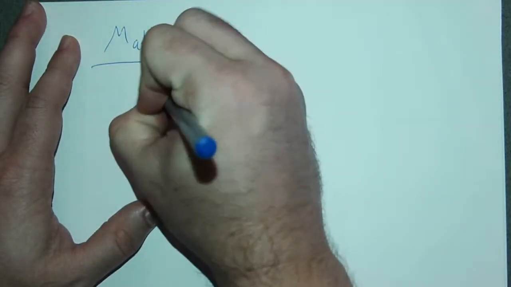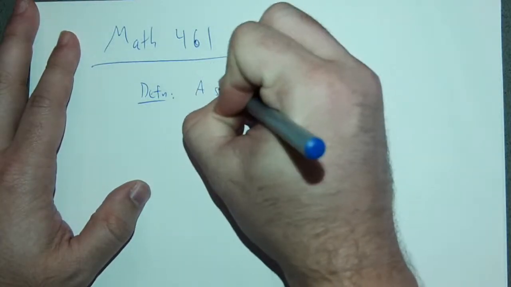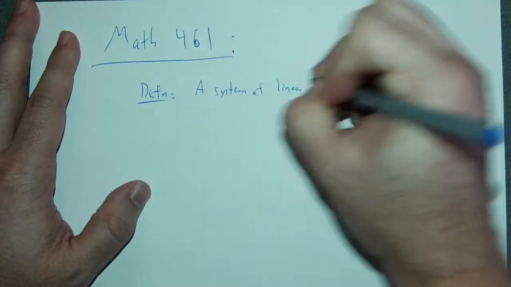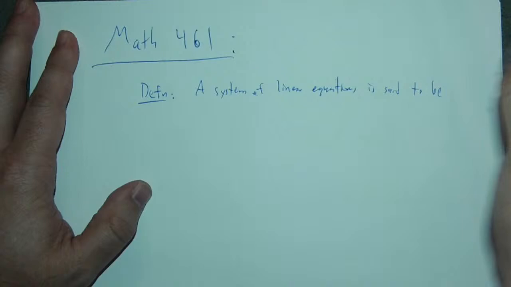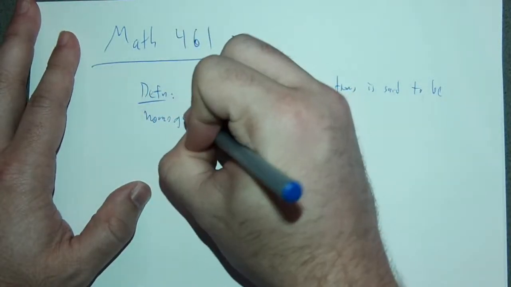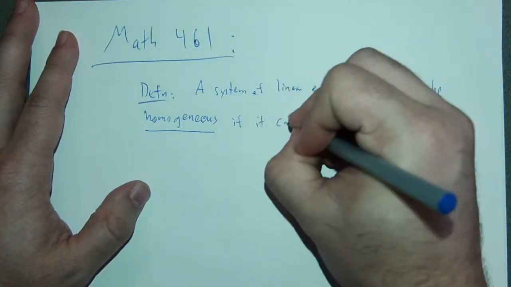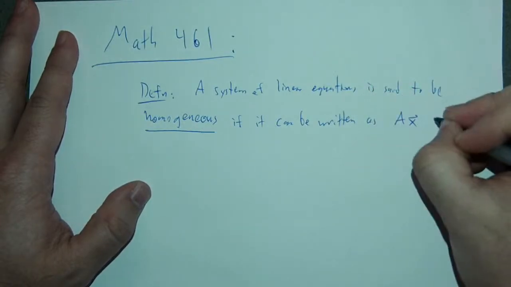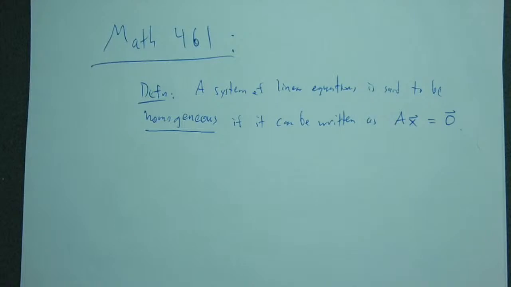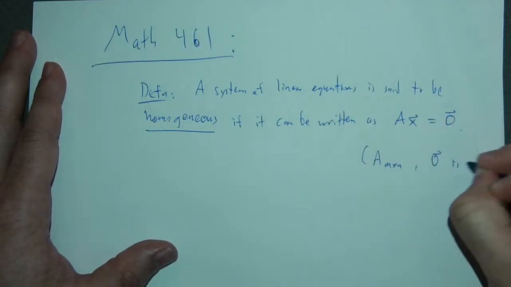So here's a couple definitions. First, a system of linear equations is said to be homogeneous if it can be written as the matrix equation Ax is equal to the zero vector, where A is just some m by n matrix, and obviously 0 is the zero vector.